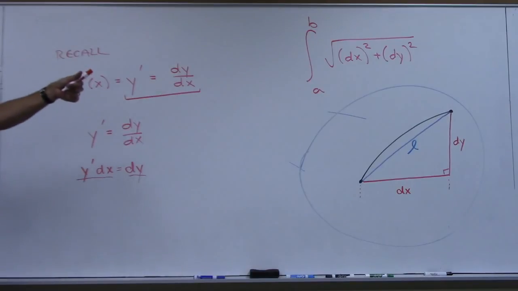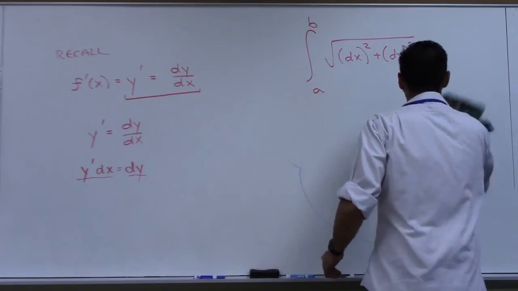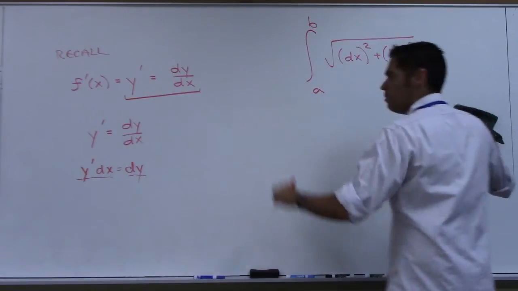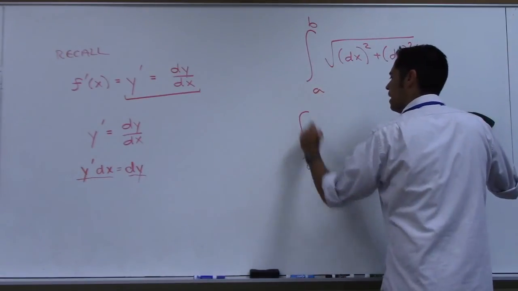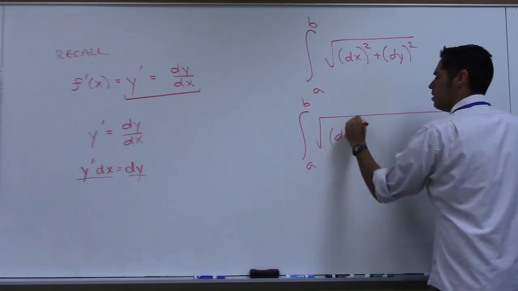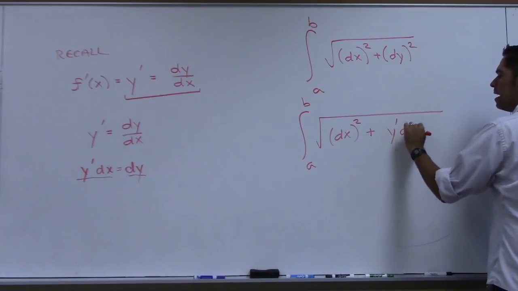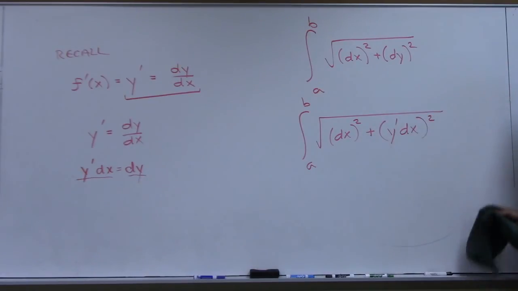So I would like us to go back up to that expression. I'd like us to replace the dy with that. So integral a to b square root dx squared plus y prime dx squared, right?